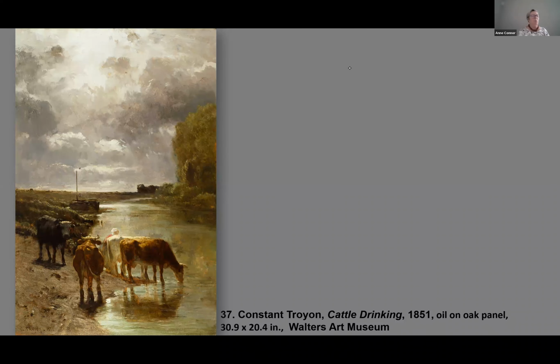Here is, for example, his cattle drinking, which was something that wasn't really done at that time in France, because it was showing what people would call maybe the vulgar side of life, until they realized how beautiful it was.